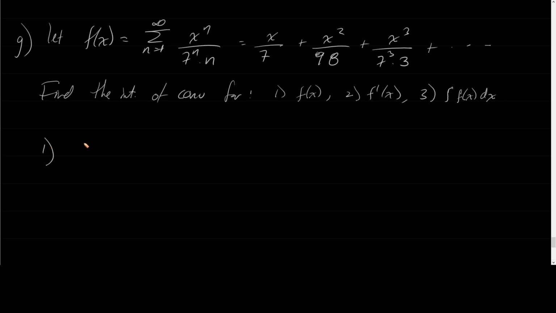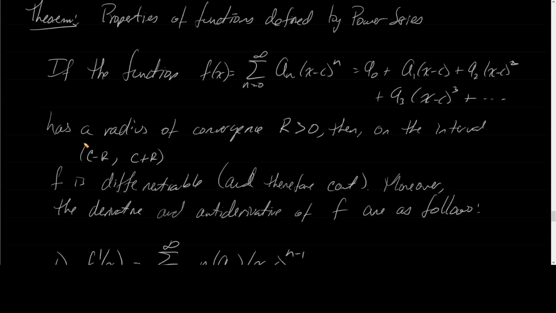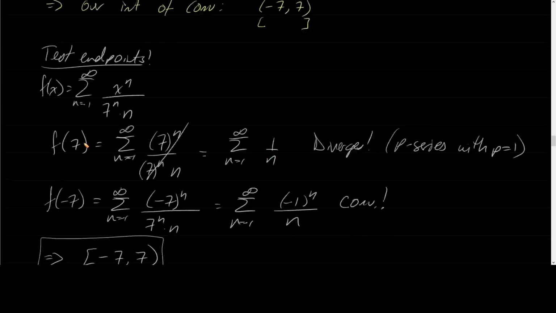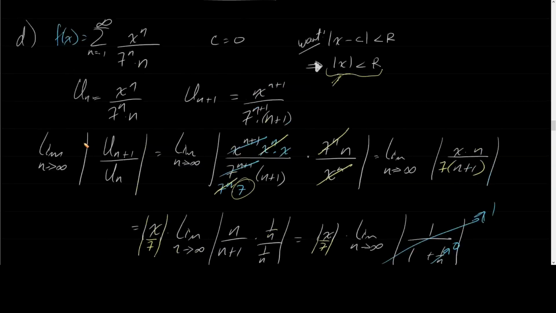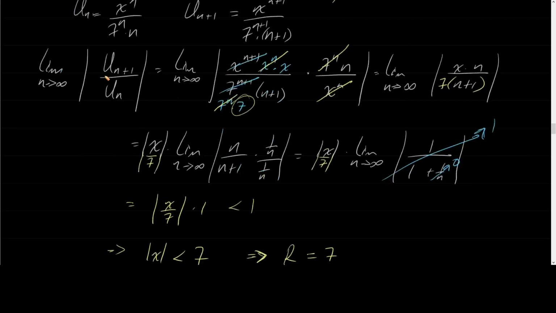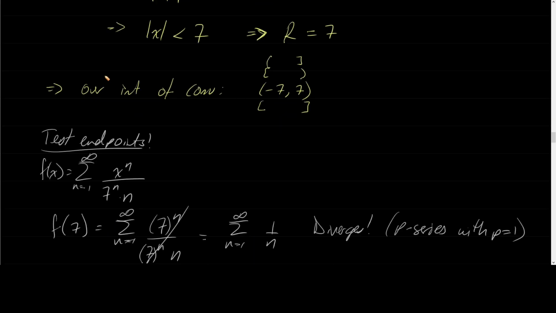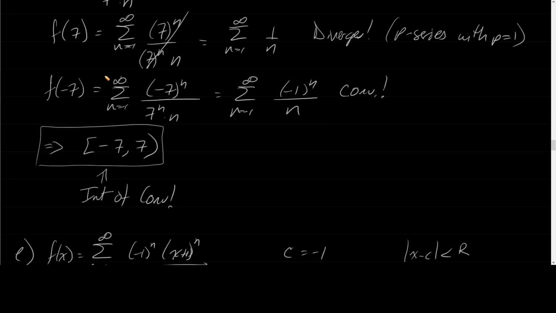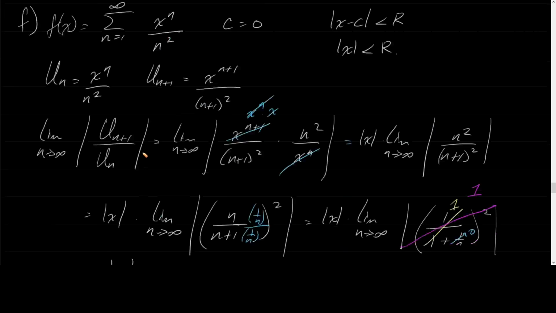to find the interval of convergence there, well, first I want to show you something. Here in example D, that's exactly the same series that I used. So we already know the interval of convergence. It's from -7 to 7, including -7, but not 7.